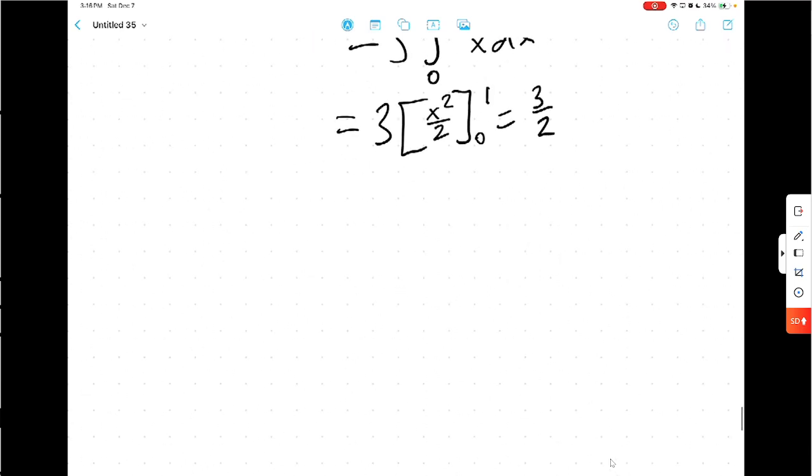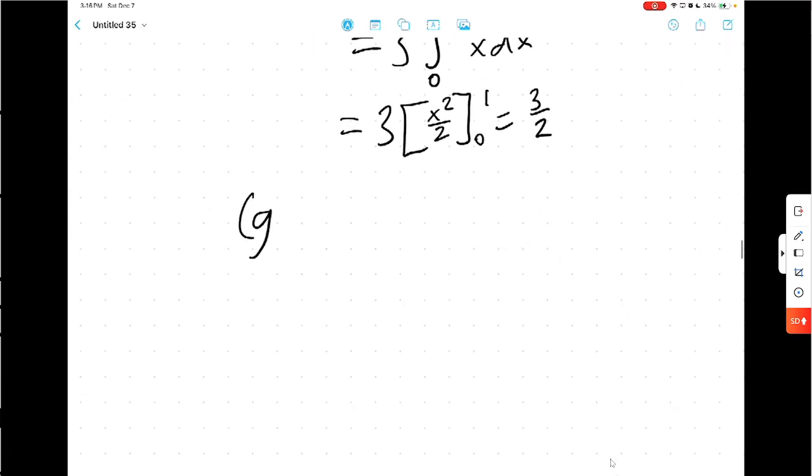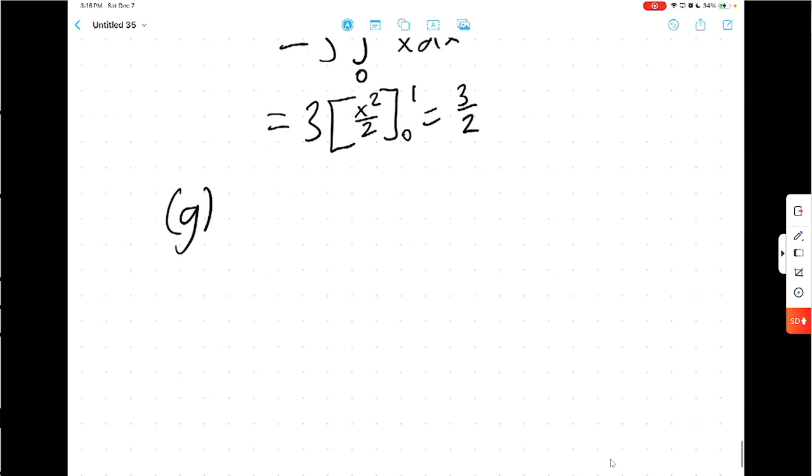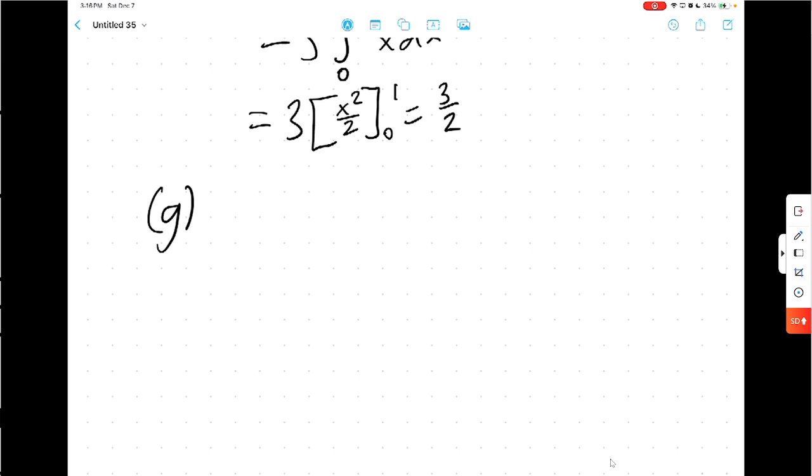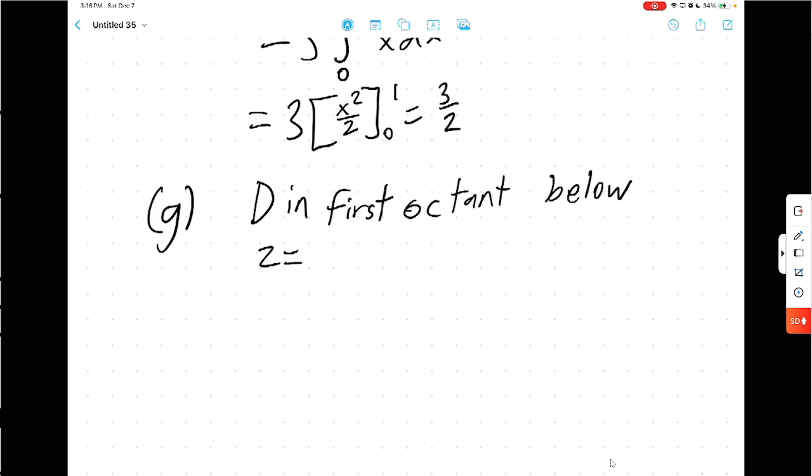All right, on to G. Integrate z over d, where d is in the first octant. D in first octant. Below z is equal to x square root of x squared plus y squared, so this is the top bound.